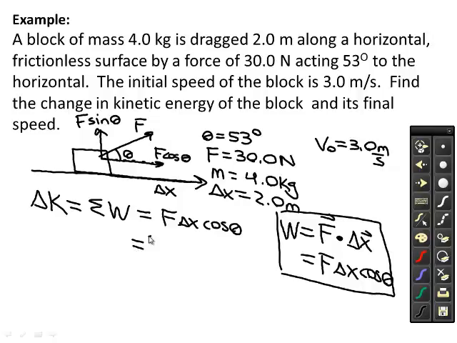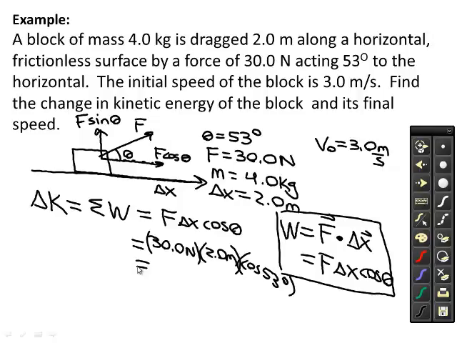We've got a force of 30 newtons. We have a displacement of 2 meters. We're going to take the cosine of 53 degrees and punch this out.